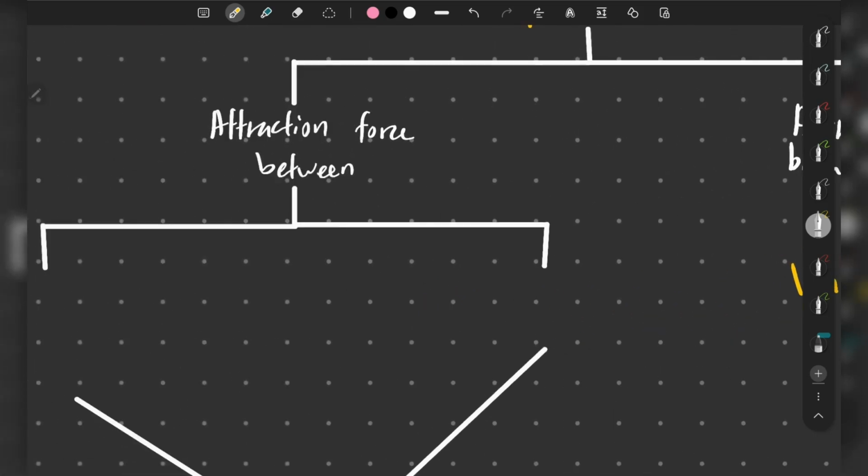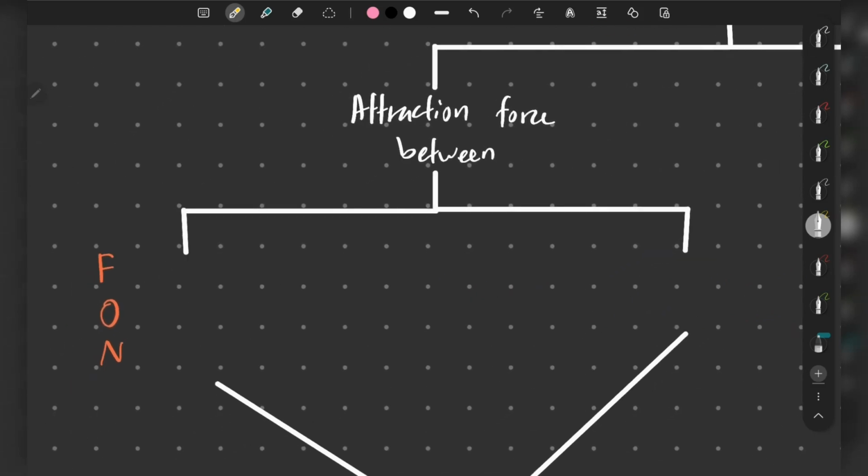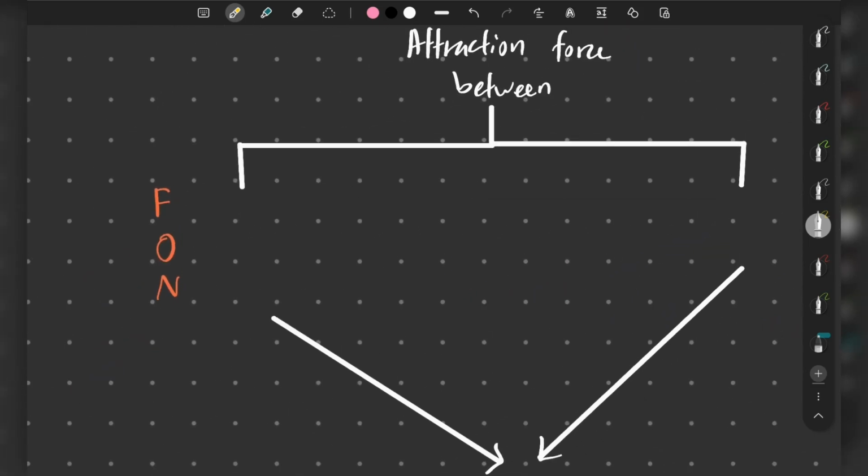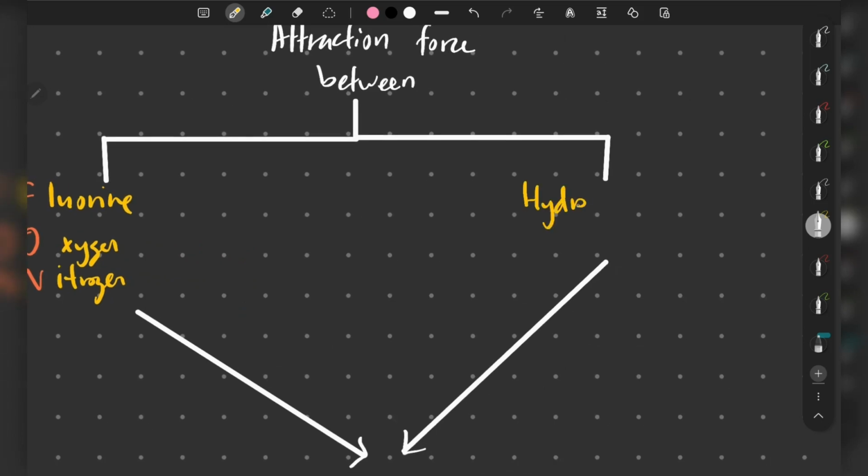Okay, and then the second attraction force occurs when hydrogen atoms form a hydrogen bond with a highly electronegative atom, which is fluorine, oxygen, and nitrogen. Okay, so when these two form a bond, it is called hydrogen bond.